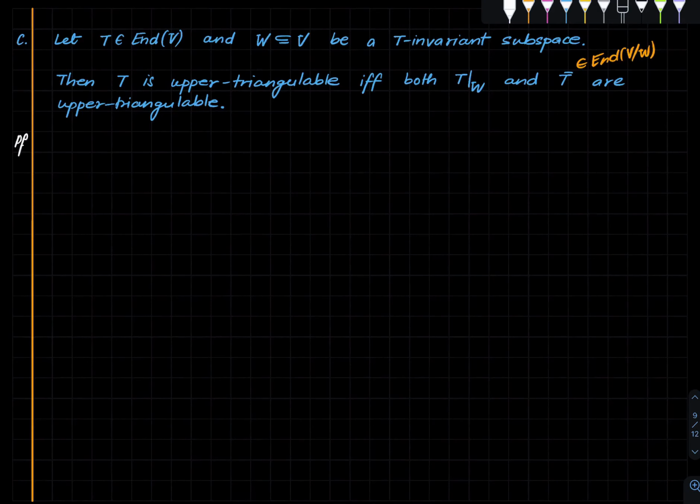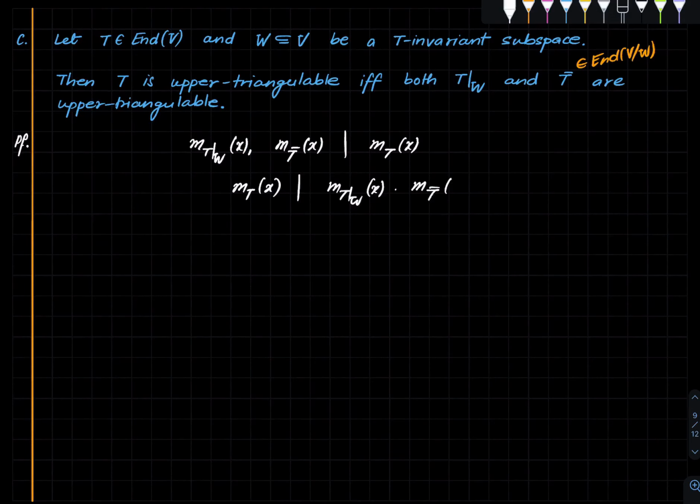This is immediate from the previous proposition simply because of the fact that both of these gentlemen divide the minimal polynomial of T. And so again, this denotes the minimal polynomial of the restriction of T on W, and this denotes the minimal polynomial of T bar. And we have this guy divides the product. So using these two things, we can prove this equivalence. Right? Because if this splits, then both of them split. And if both of them split, then this splits. And splitting is equivalent to upper triangulability, and therefore this is true.